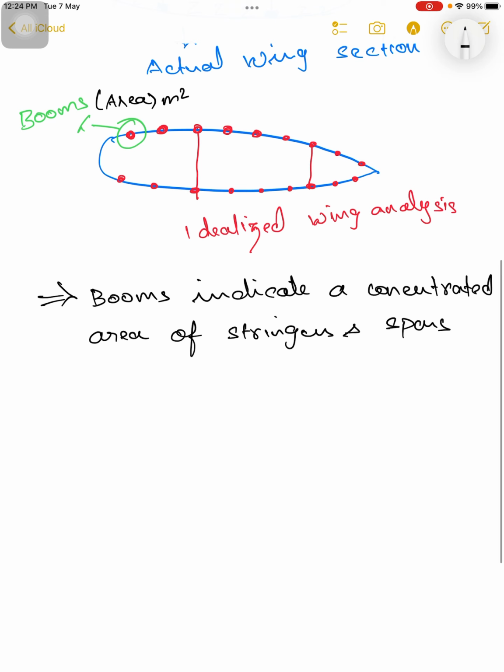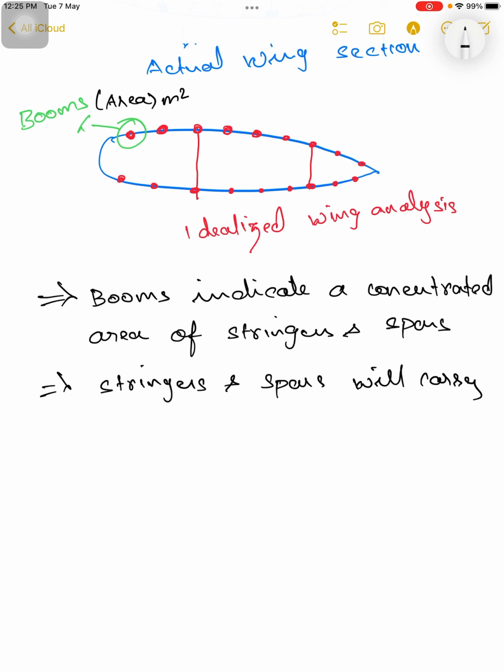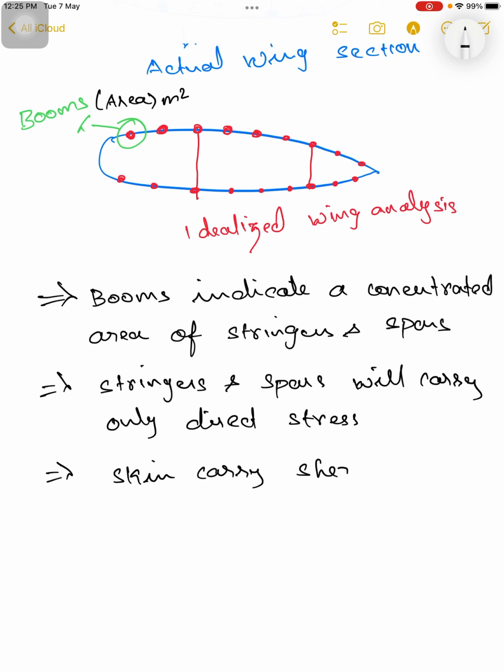So what are the other assumptions we made? The other assumption is that these stringers and spars will carry only direct stress, and the skin will only carry shear stress.